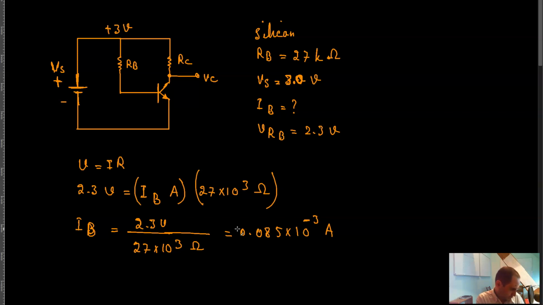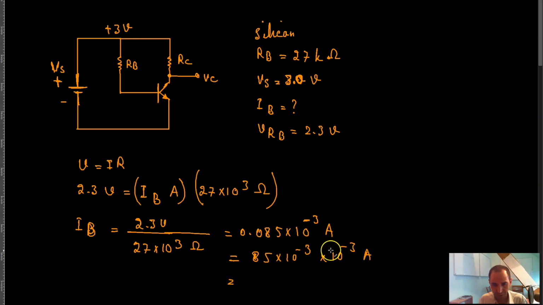So this was question number 5, and you can call this 85 microamps, because you can write this as 85 into 10 raised to the power negative 3 into 10 raised to the power negative 3 amps.